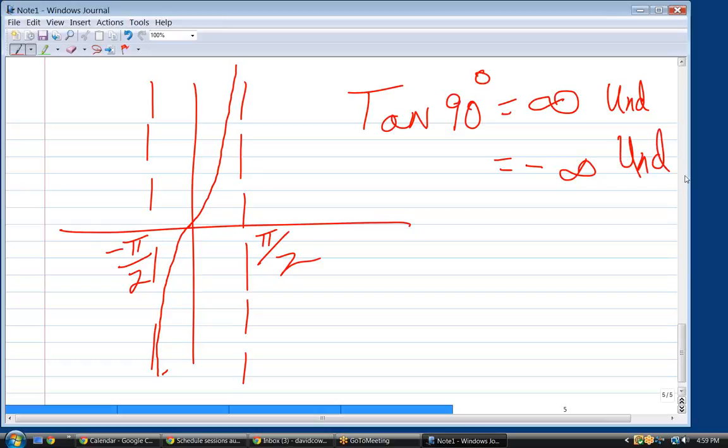We use undefined because in the unit circle, when you're dividing them to get the tangent, you end up having 0 as the denominator. Exactly. When you divide by 0, you get undefined. But when you talk trig and the unit circle, there is positive infinity and negative infinity.